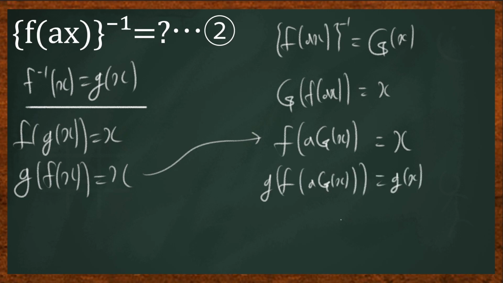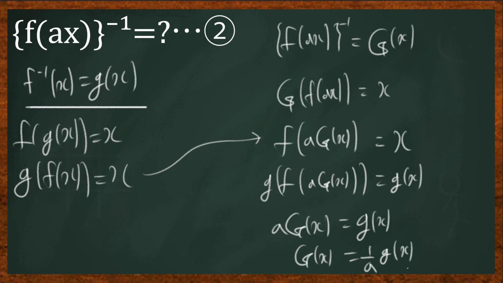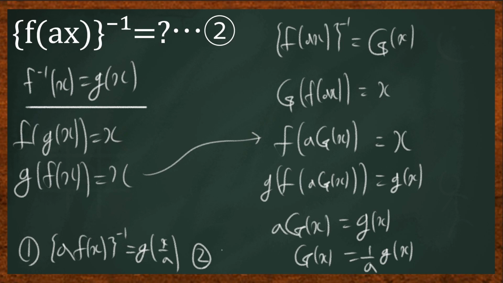Because g(f(x)) is equal to x, let's substitute x into a times large G(x). Then the insides will come out, and a times large G(x) is equal to g(x). Therefore, large G(x) is equal to 1 over a times g(x). So the inverse function of f(ax) is equal to 1 over a times g(x).